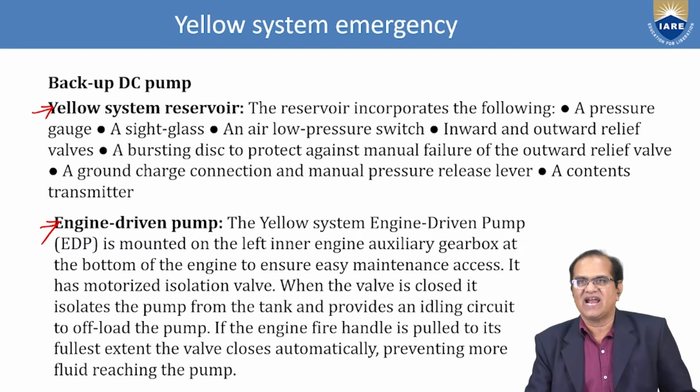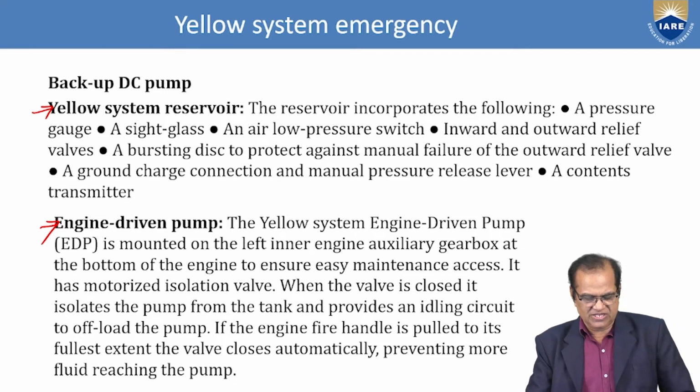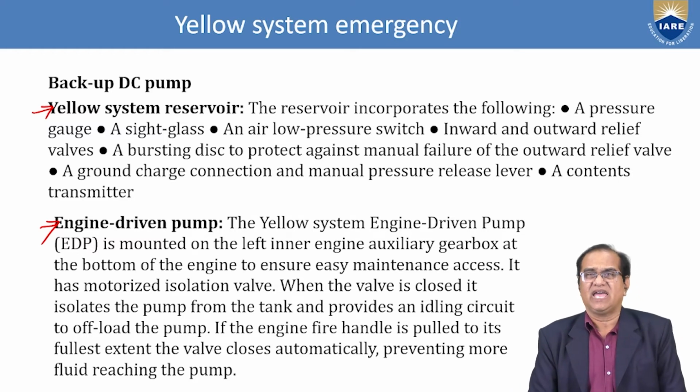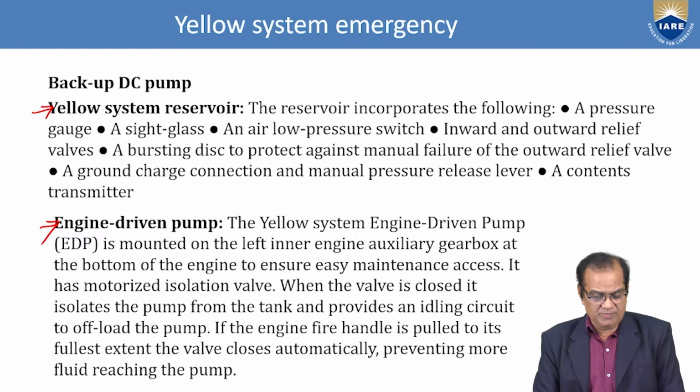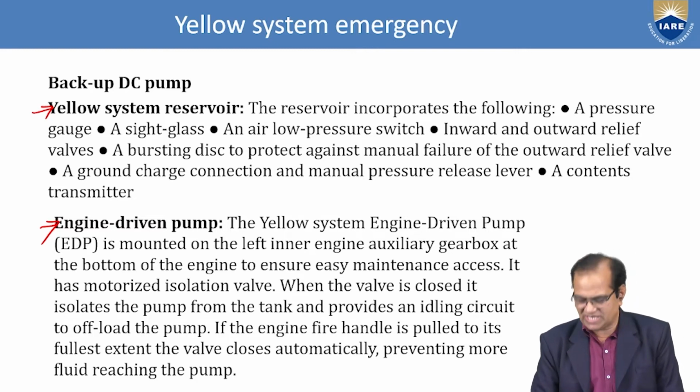If the engine fire handle is pulled to its fullest extent, the valve closes automatically, preventing more fluid reaching the pump. Okay, so in case of emergency, the yellow system engine driven pump is mounted in the engine auxiliary gearbox at the bottom of the engine to ensure easy maintenance access.